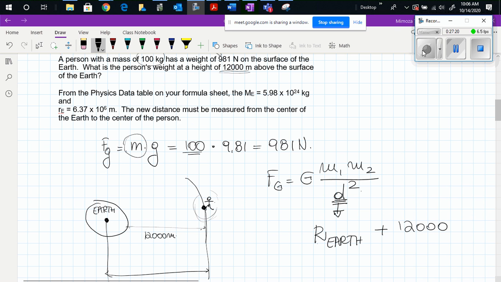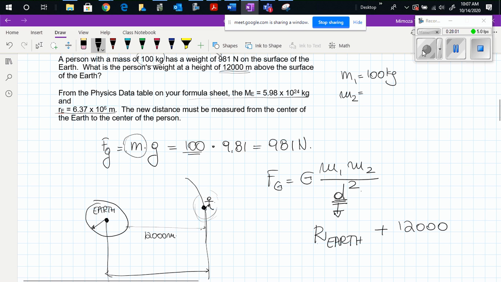Does this make sense? Now, from the data booklet, in the constants part, you can find that the mass of the Earth is 5.89 times 10 to the power of 24 kilograms, and the radius of the Earth is 6.37 times 10 to the power of 6 meters. So now mass 1, the mass of the object, is 100 kilograms.